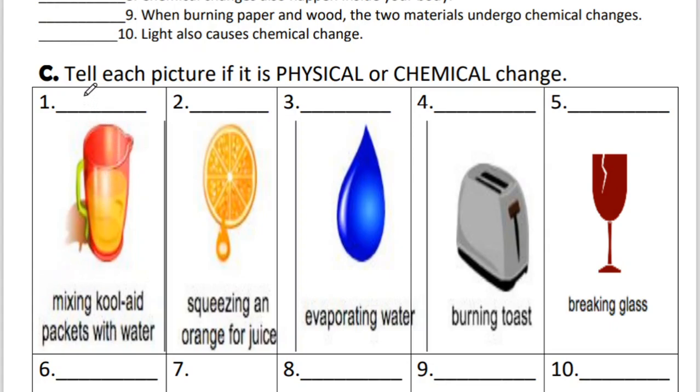So I will just give you a bonus, number one. Is the correct answer here physical or chemical? Since you have two substances being mixed in one container and then another substance forms, the answer is chemical change. Just write it here, chemical.